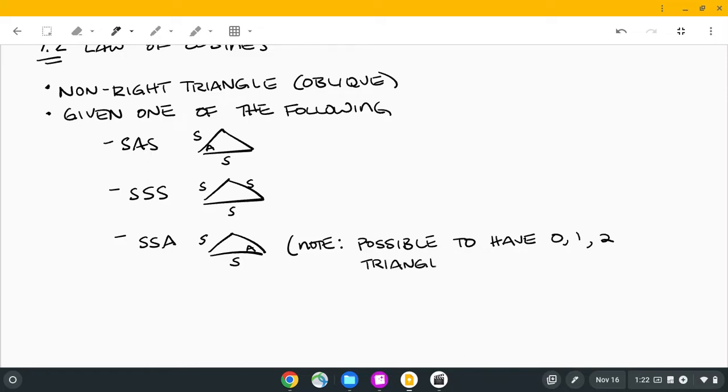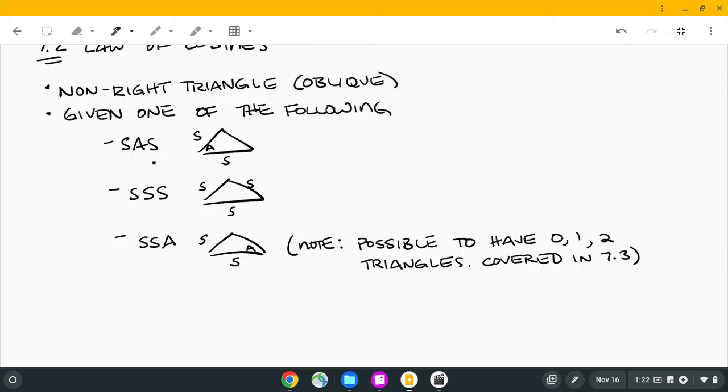This case we call the ambiguous case. So this one, the side-side angle, will be covered in the next section, in 7.3. So we won't do this example in this video.